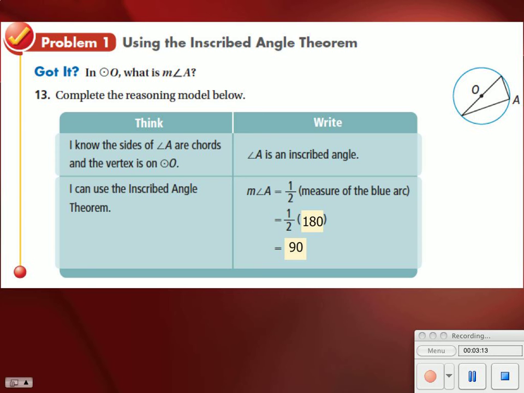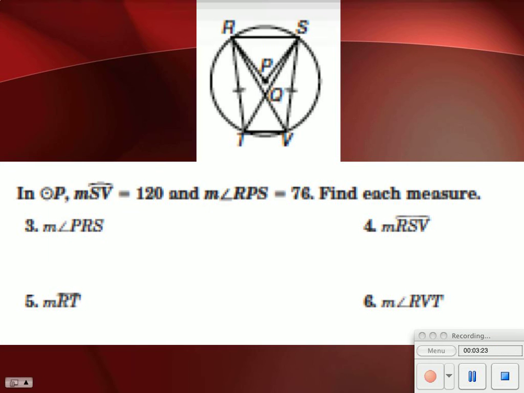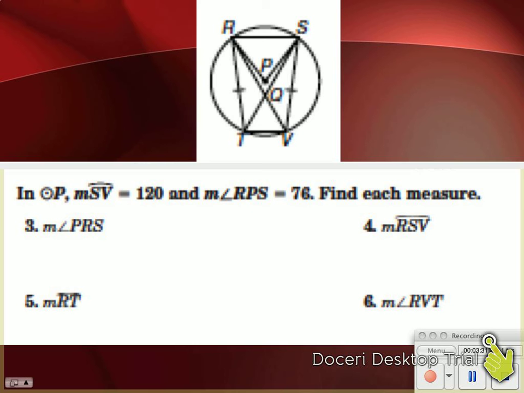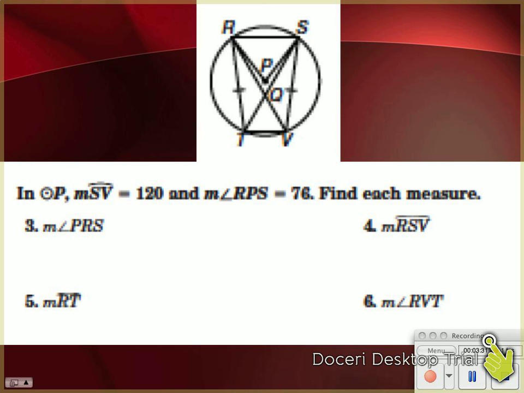So let's look at a few other problems. In circle P, I'm making up stuff. The measure of arc SV is 120. So the measure of this arc right here is 120. I know that the measure of angle RPS, this angle right here, is 76.